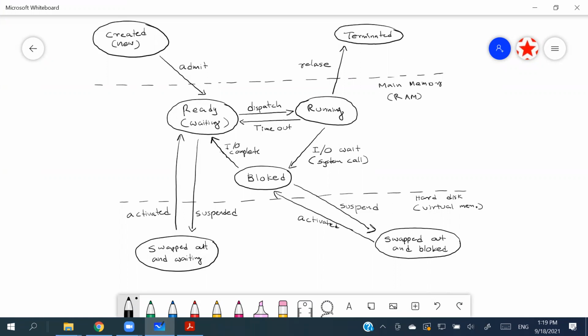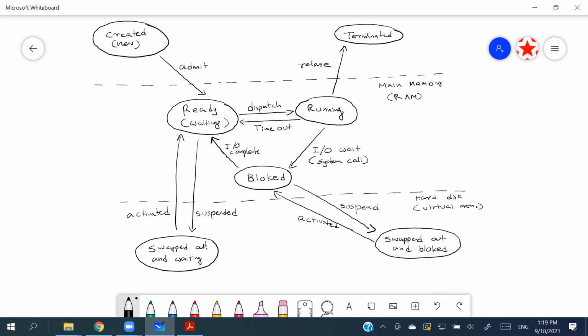Now we never know when the input output is going to complete. Block කෙනෙක් RAM එකේ ඉන්නකොටත් එයාගේ request කරපු input output එක complete වෙන්නත් පුළුවන්. And input output can also be completed while that blocked process is swapped to the hard disk. Hard disk එකේ ඉන්නකොට IO completion එක වෙන්න පුළුවන්.